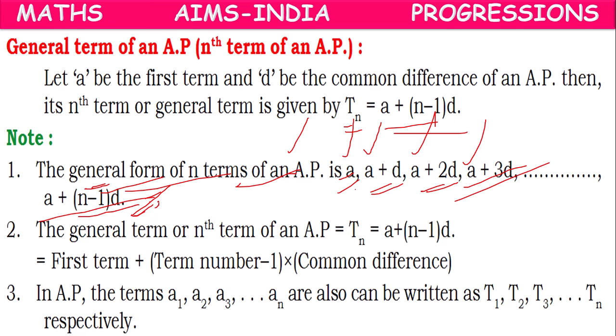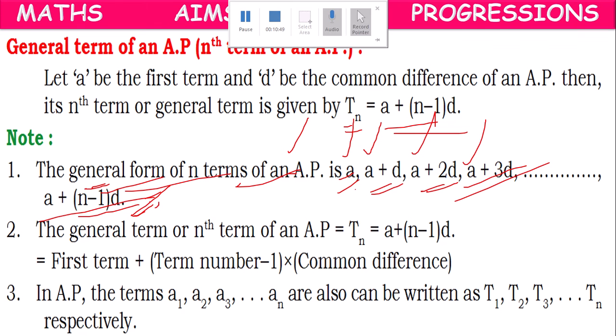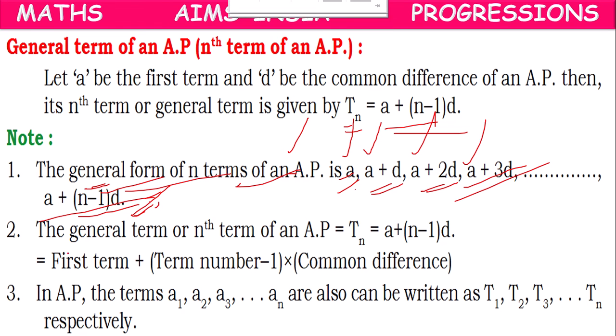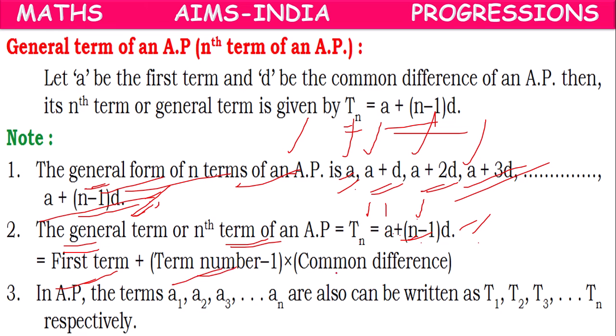Okay, next. The general term, or nth term, of an AP is given by Tn equal to a plus n minus 1 into d, where a is the first term, n is the term number, and d is the common difference.